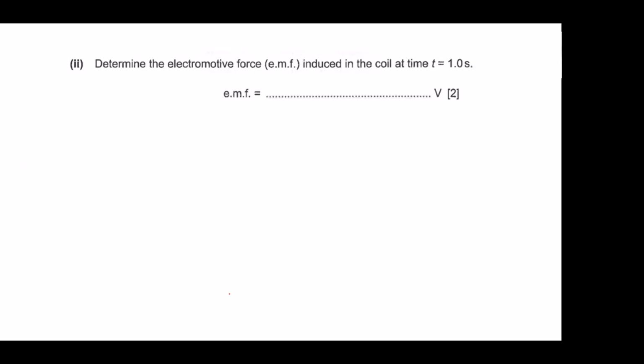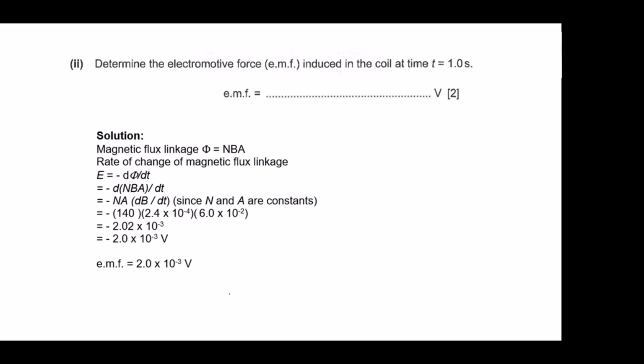Part 2, find the EMF induced in the coil at 1.0 second. So you are expected to find the EMF. Here we have to use Faraday's law to find the EMF from dB over dt. According to Faraday's law, E equals minus the rate of change of magnetic flux linkage.